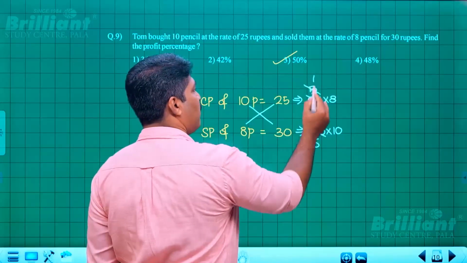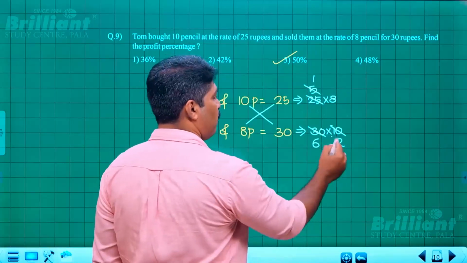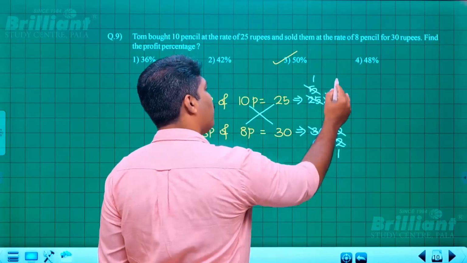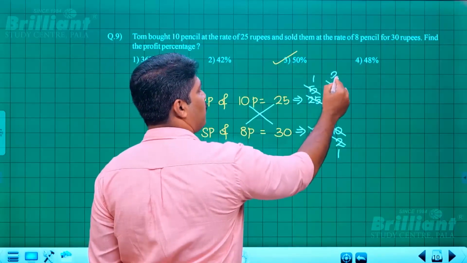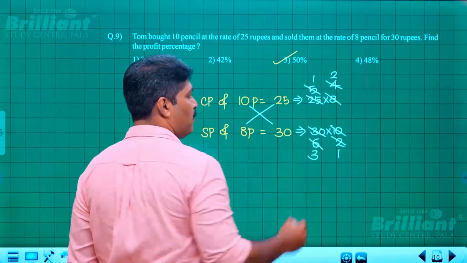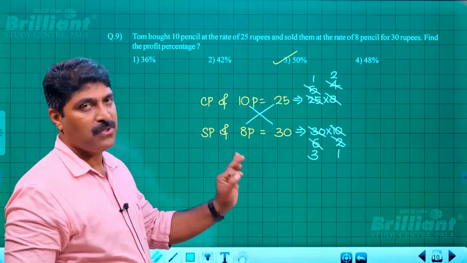This is 1 time 5, this is 2 times 5. This is 1 time 2, this is 4 times 2. This is 2 times 2, this is 3 times 2. Finished. Further simplification is not possible.